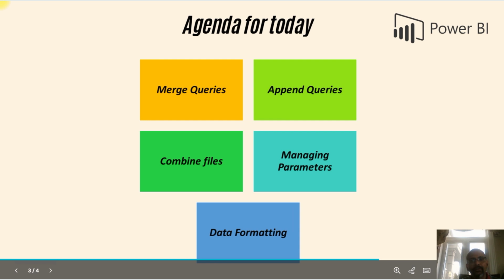The agenda for today is merging queries, appending queries, combining files, managing parameters and data format. Before we start using these functions in Power Query, let me give you a brief idea. What do we mean by merge queries? Those who are already using Excel might have heard about the VLOOKUP function.